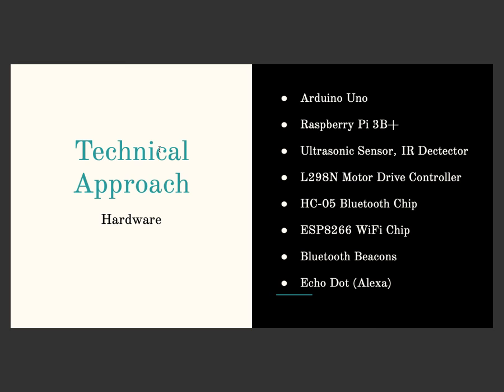For both leading and following cars, we use L298N motor drive control to control the running of its motor. And for the Arduino Uno, since it does not come with Bluetooth and Wi-Fi functions on the board, we use two chips to add these features. We also have three Bluetooth pins for indoor positioning, which I will talk a little more about later.